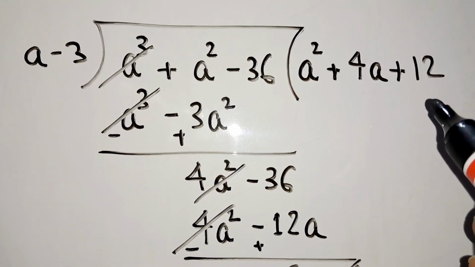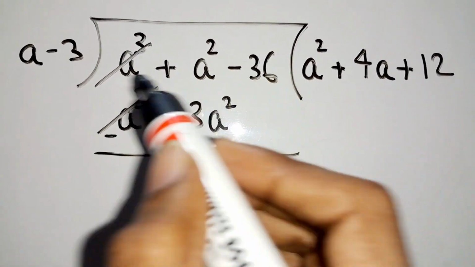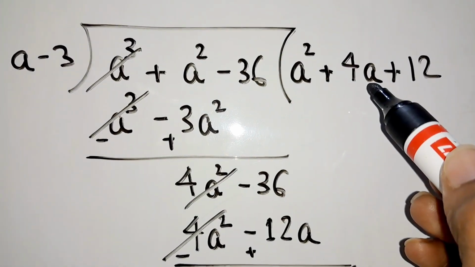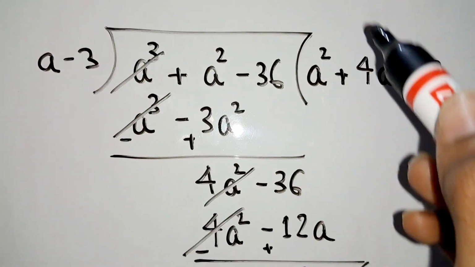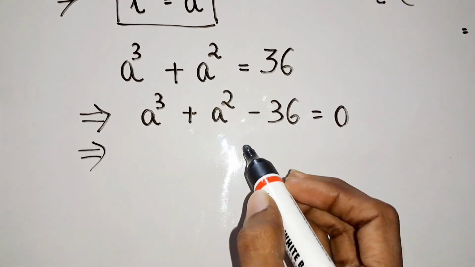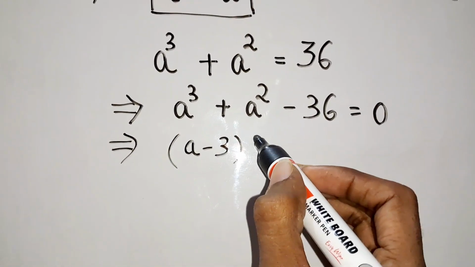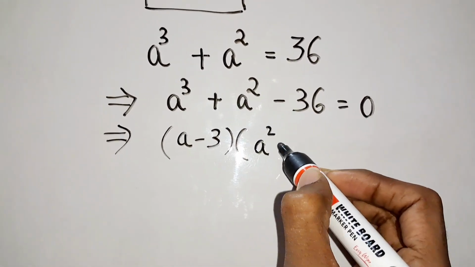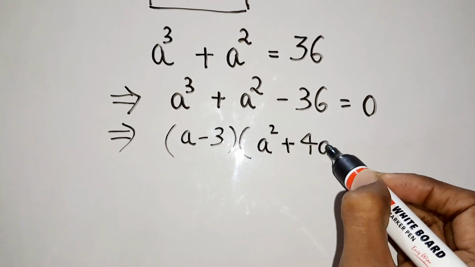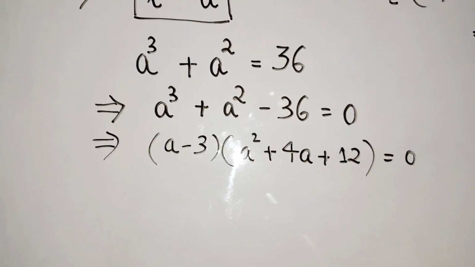So now we can write this equals 0 as this multiplied by this equals 0. Then we can simplify more. This can be written as a minus 3 multiplied by a square plus 4a plus 12. Once again, you can see how the long division method has been done.